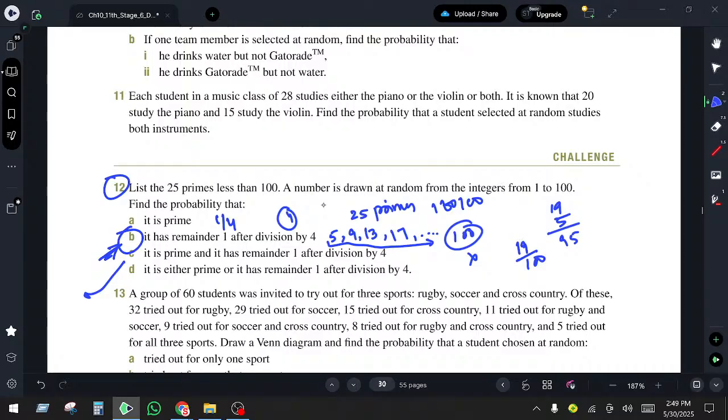Primes are huge. First of all, it's a prime and a remainder 1, which means from the prime numbers only we have to choose. It's the intersection portion. Either-or means a union portion, so you have to add up. The probability will be decreasing.